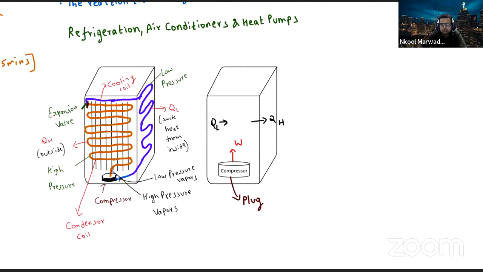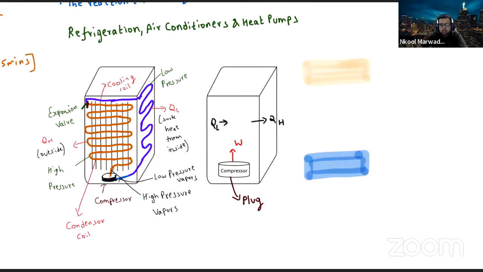Let us suppose this is the region of high temperature, and this is the region of low temperature. This is TH, high temperature.